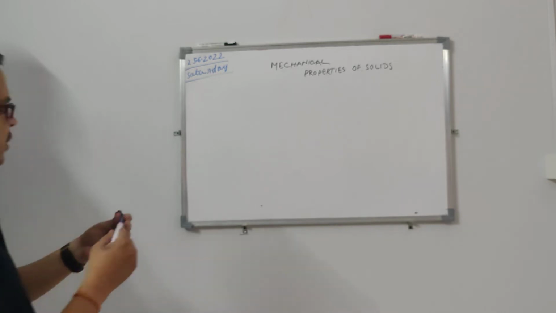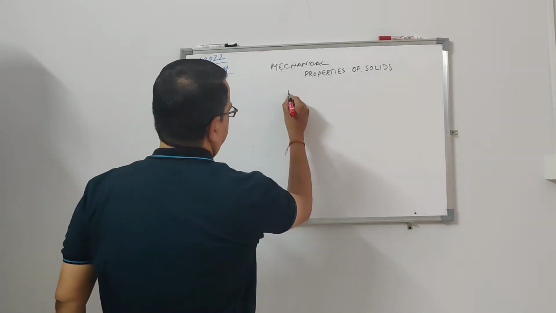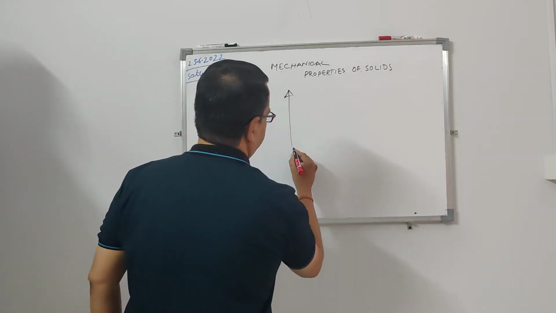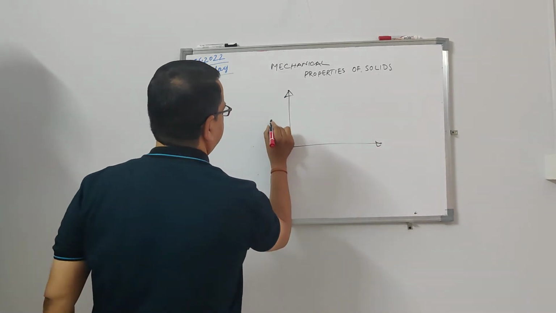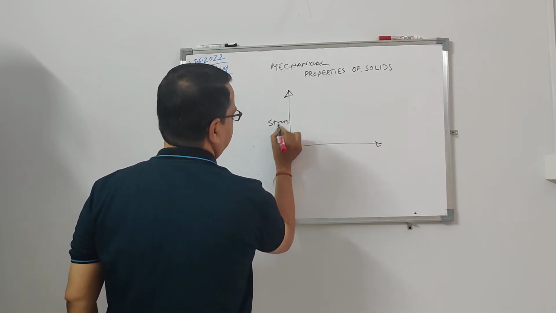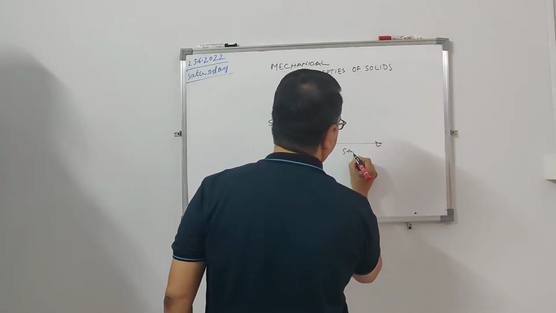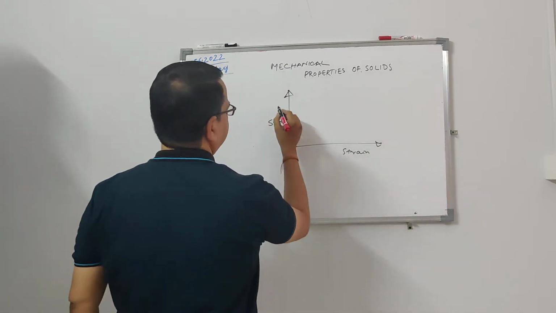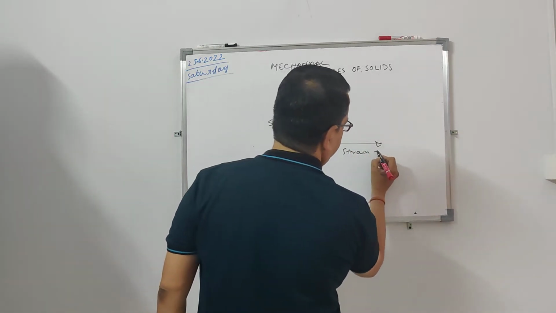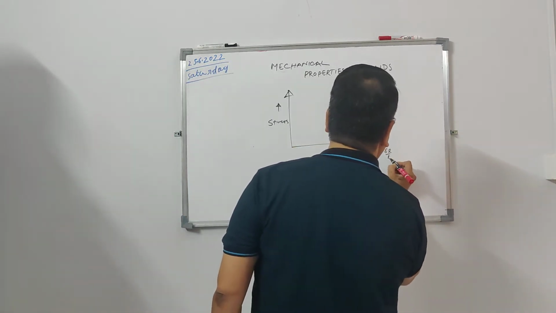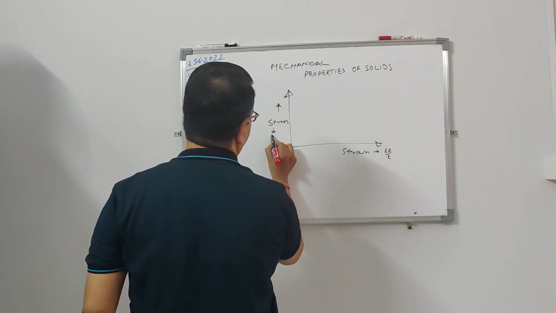So let us draw the stress-strain diagram. In the y-axis you have stress, and in the x-axis you have strain. I have told you that strain is nothing but del L by L, and stress is nothing but force by area.